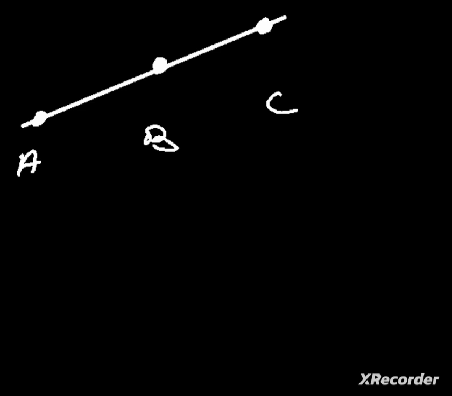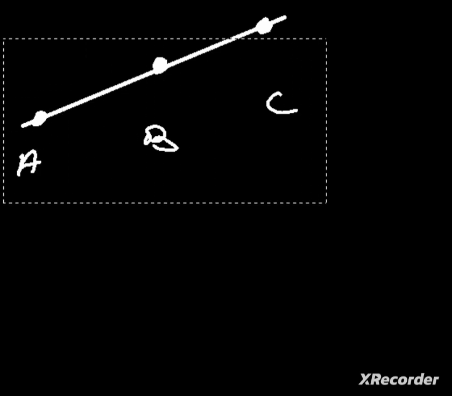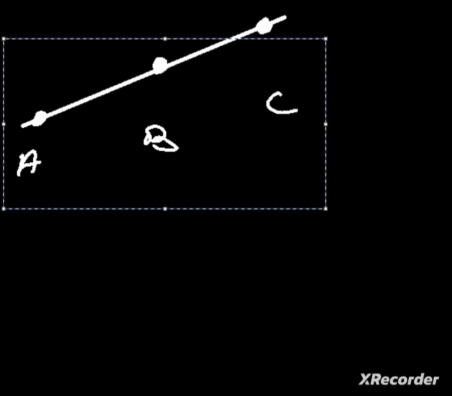Now without having the actual sketch, how can you know whether the given points are collinear or not? In other words, how can you determine whether the given points lie on the same straight line or not?